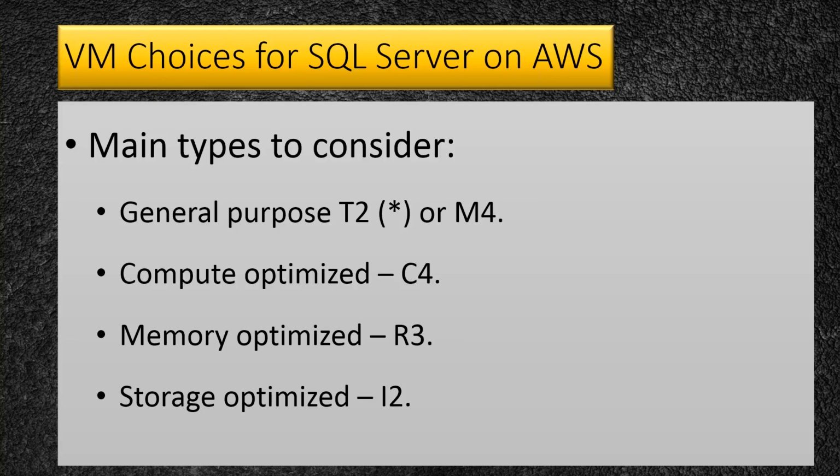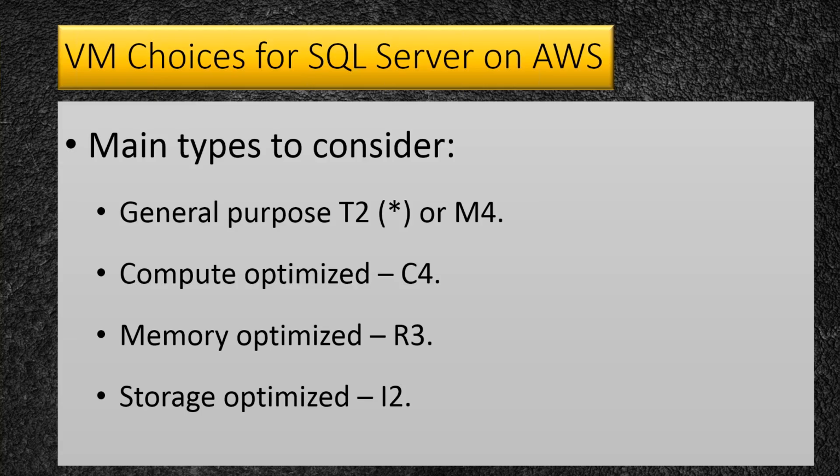I could see a use case for storage optimized, maybe for a data warehouse type of scenario where we build, let's say, a cube off of that VM, and the processing of the cube happens overnight or something like that, and then we just read off of the cube. I can see that working with a large storage optimized machine, just because a data warehouse is never going to fit in memory for a memory optimized one. So maybe that's a good choice for that.